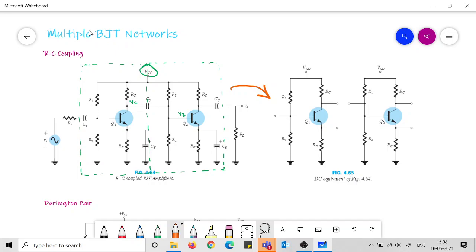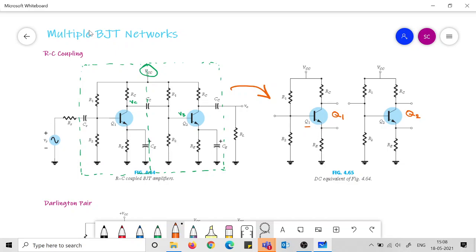What happens here in this network, there is some Q point Q1, as you can see. So this Q1 will have some IC1 and VCE1, and there is another Q2 which will have its own IC2 and VCE2. The DC levels of these two networks will be different, and they will be set by these resistances.